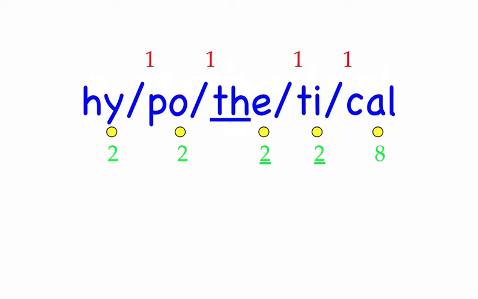Vowel group 2 says that when a vowel ends the syllable, it will represent its long sound. But in this word, the E is representing its short sound. That's the opposite sound of a long sound. So we underline the 2 to indicate that fact.